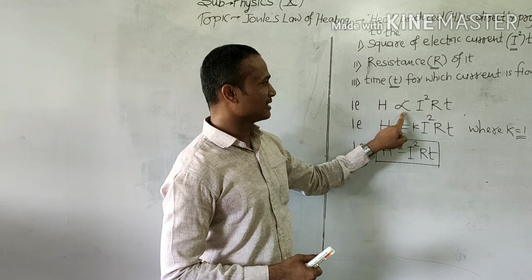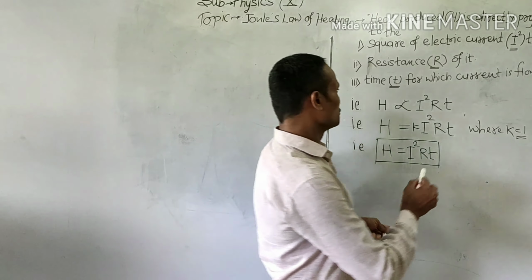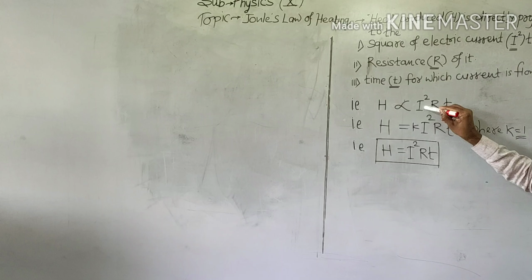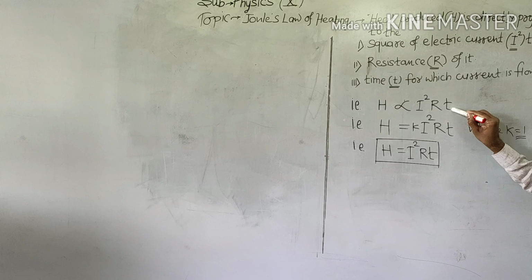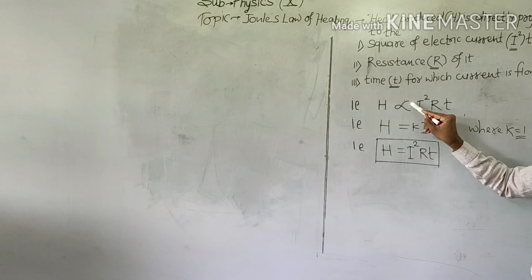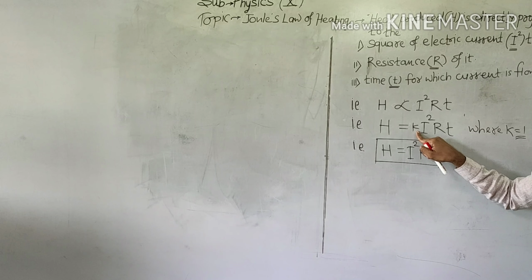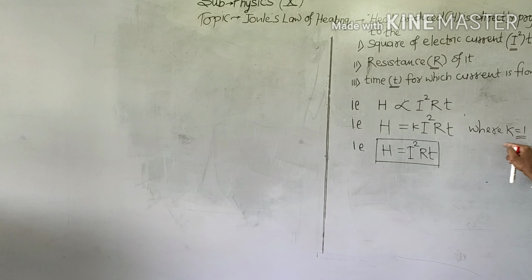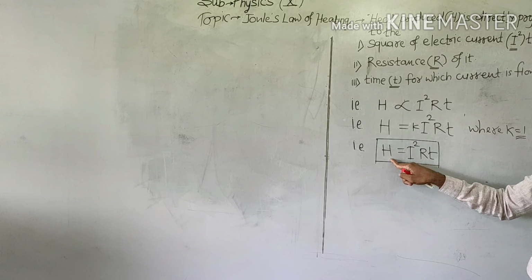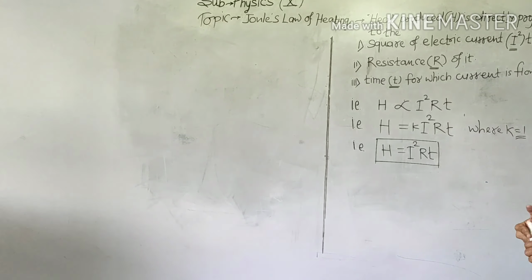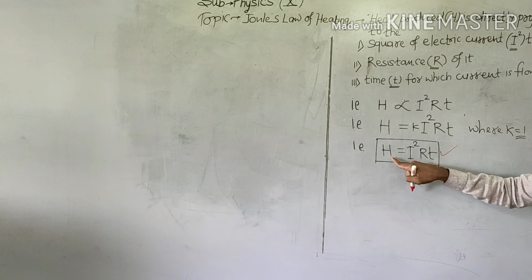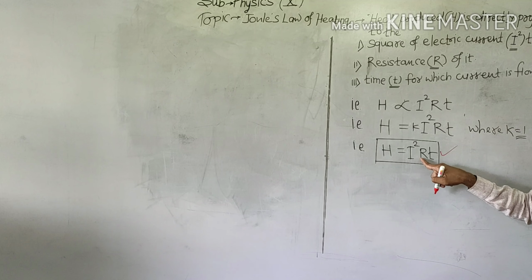So H is directly proportional to I square R T. To remove proportionality and to have equality, let us consider a constant K whose value, investigation suggests, is 1. So we have the mathematical form of Joule's law as H is equal to I square RT.